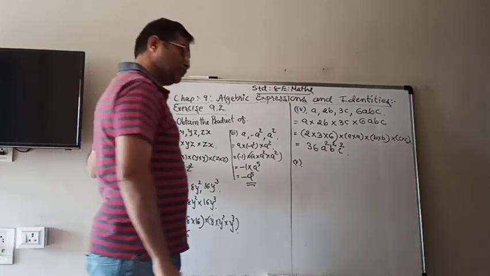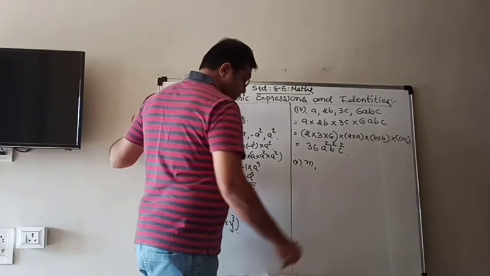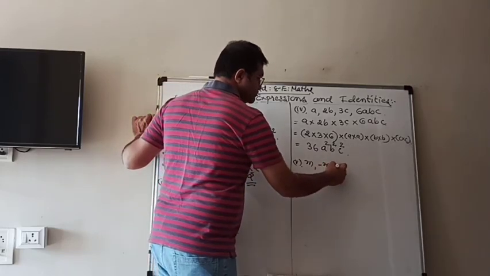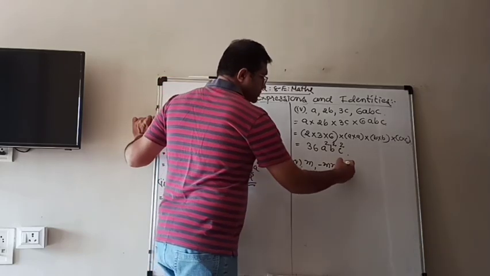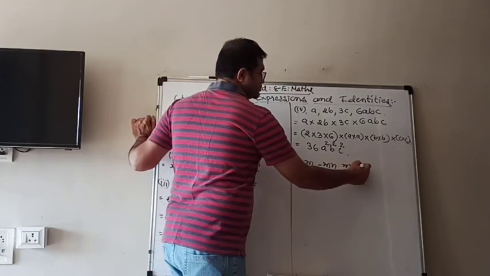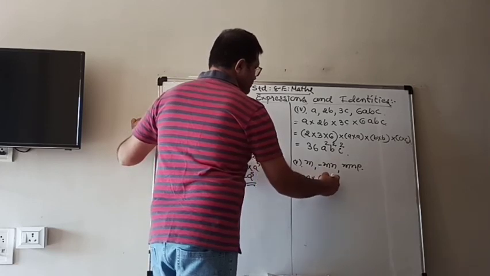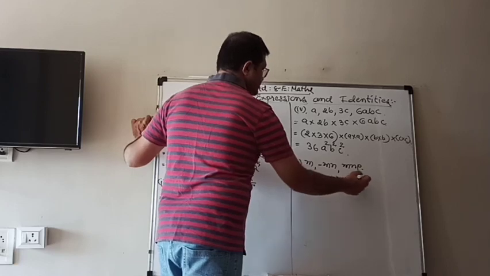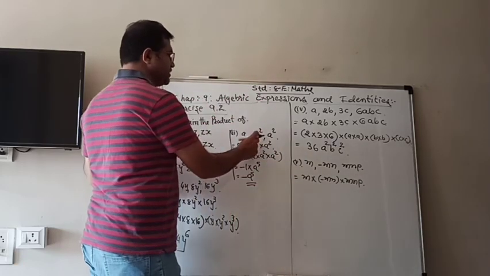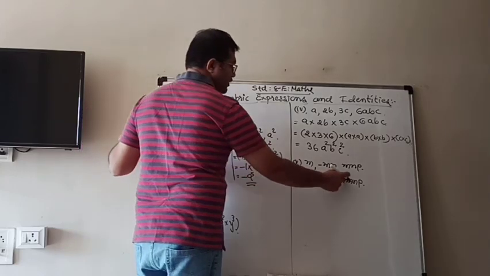Last set. So m, minus mn and mnp. So now we have to multiply them. Minus mn, mnp. So as we did here, minus 1 is the coefficient, others have 1, 1.